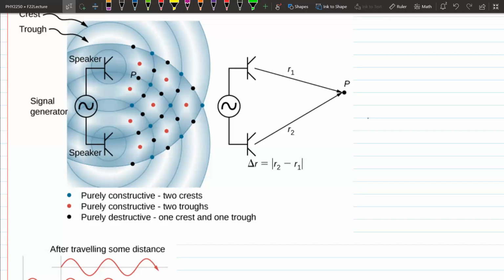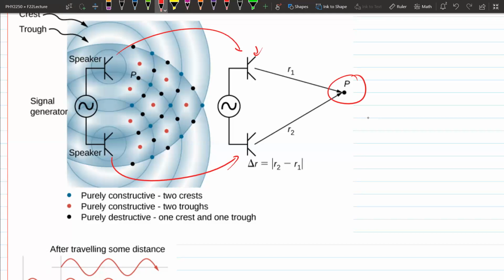The idea is that we can actually try to calculate where this happened if we just pick some random point P out away from the speaker. So I'm moving the speaker over here and removing those wave drawings.